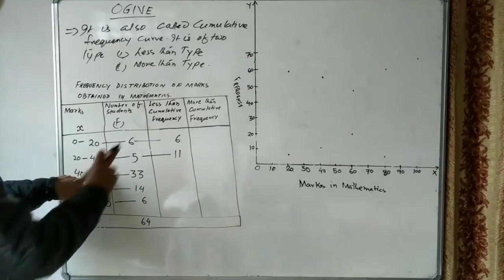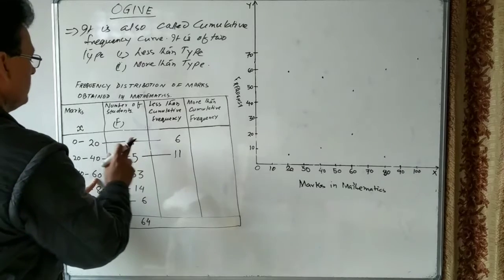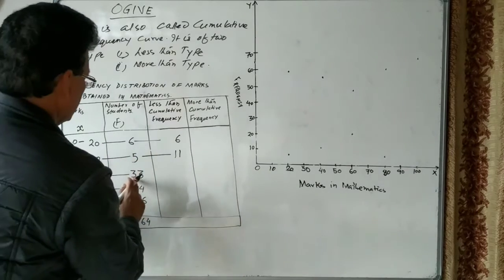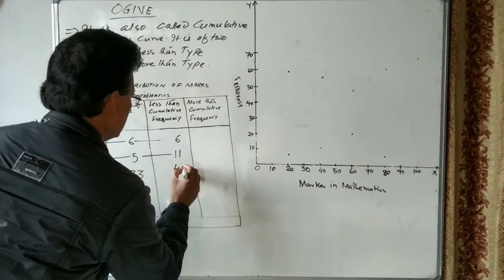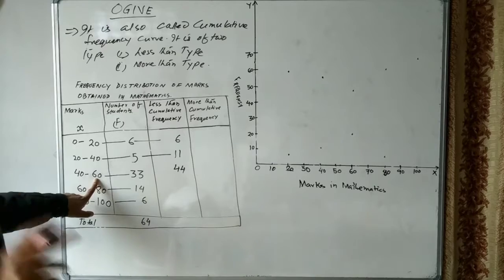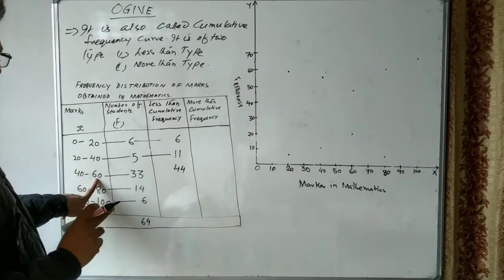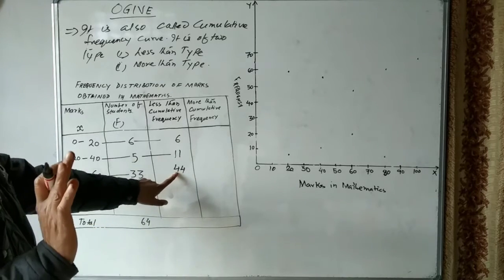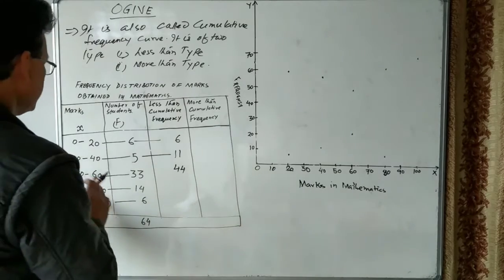How many students have got marks less than 60? So this 6, 5, then 33. All these three add up to 44. So 44 students have got marks less than 60. And how many students have got marks less than 80?